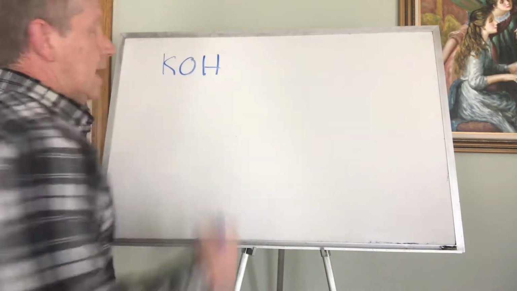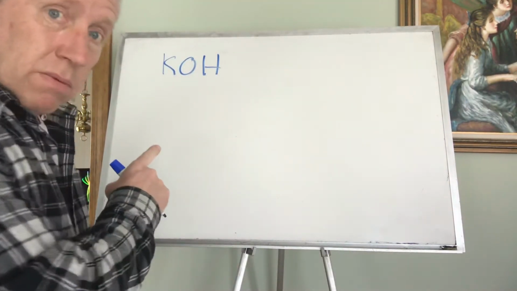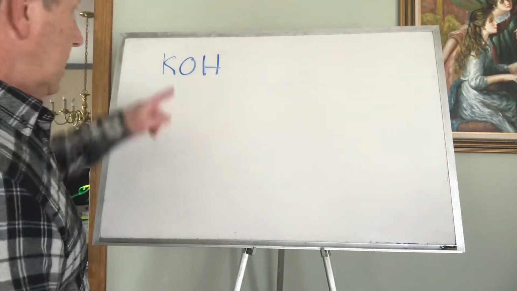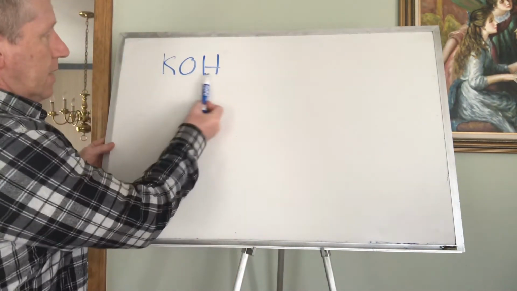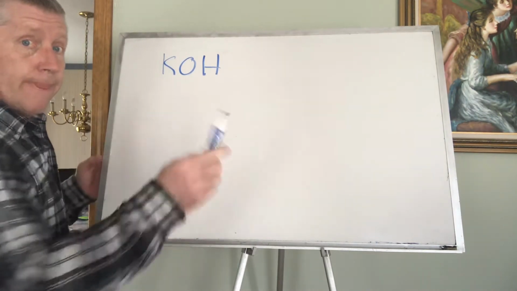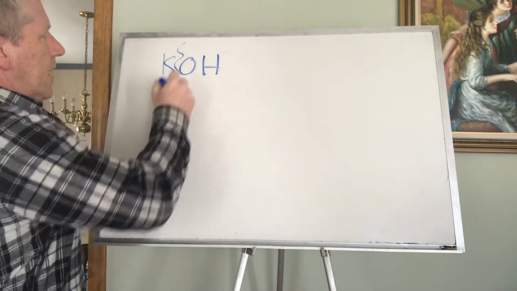So we are neutralizing KOH, and is that strong? Yes, very good, Wanda. That is strong because we know that a hydroxide with a group 1 or group 2 metal on the front is a strong base, which means it ionizes 100%.